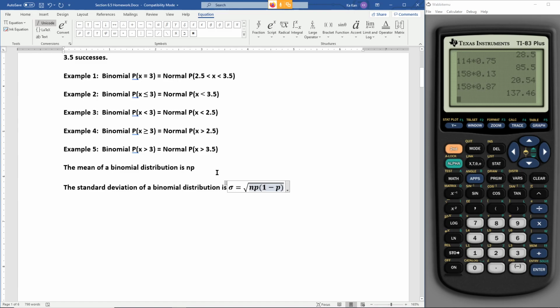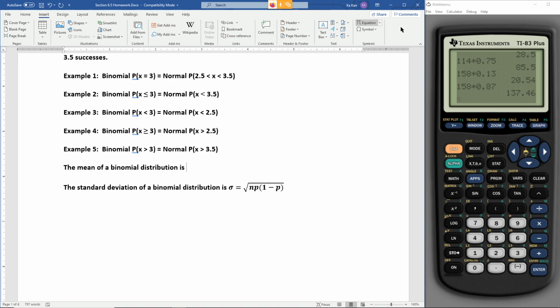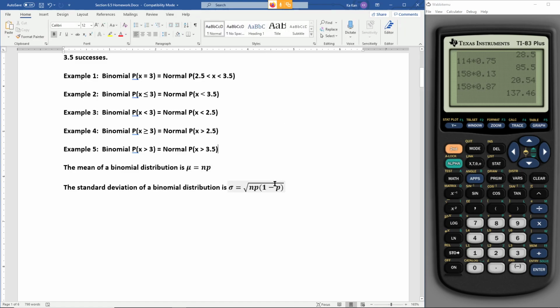Let me just make it look a little bit more official right here. Because the mean of a population is always equals n times p. So use these two formulas to get the mean and standard deviation.